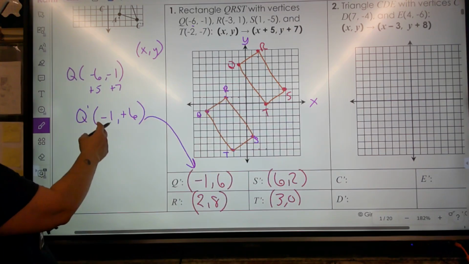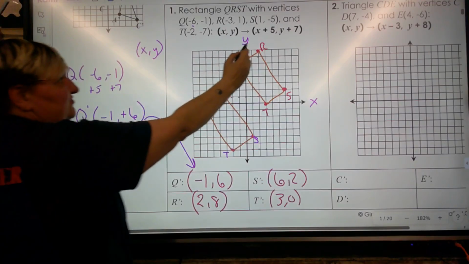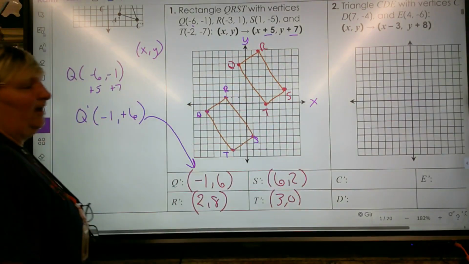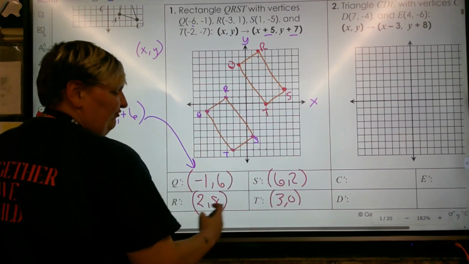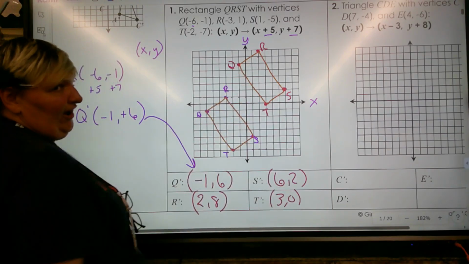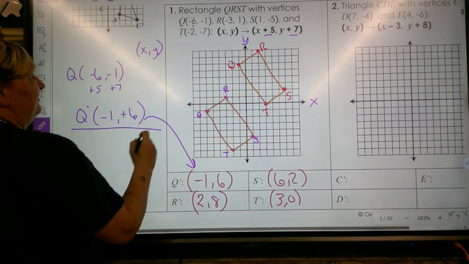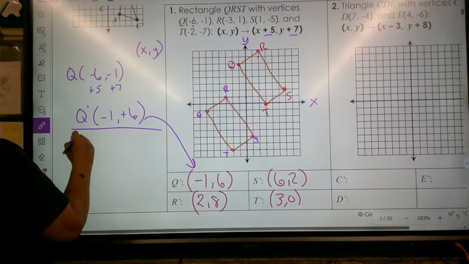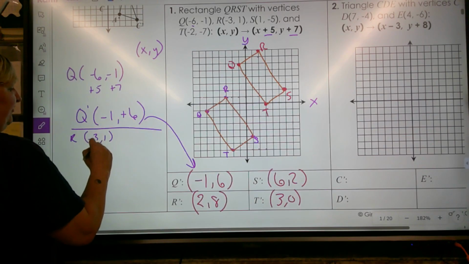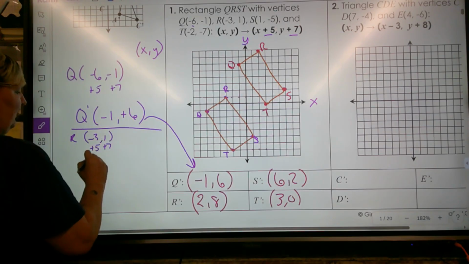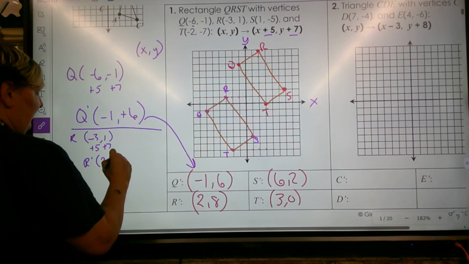So you just do the math, +5, +7, because it tells you +5, +7, and add that to every point, and then once you have your 4 points, then you go back and graph. If that's easier for you, do it that way. Right? So R would be (-3, 1), +5, +7. R prime would be (2, 8).